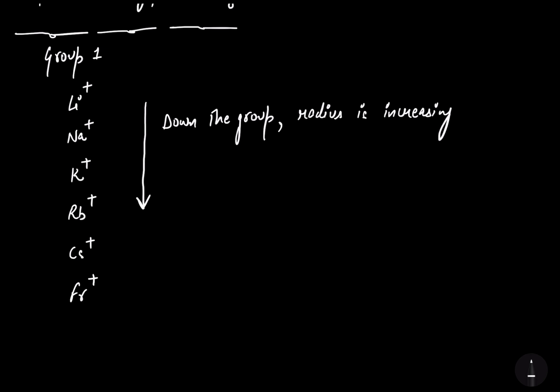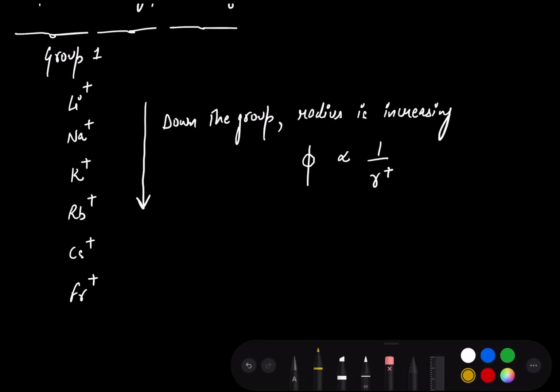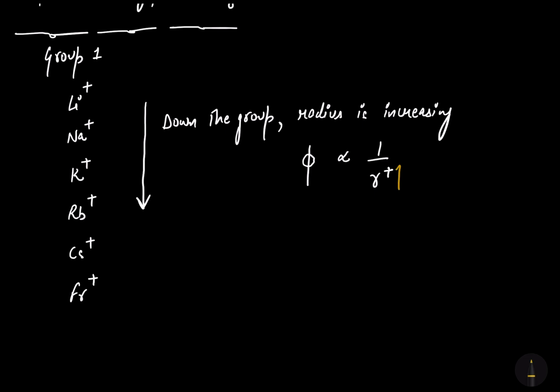As the radius increases, the charge density will decrease. Just pay attention. I have taken the charge density. The charge density is inversely proportional to the radius of cation in this case. As I said, the group number 1 is of cations. Now down the group, the radius of cation increases. So due to which down the group, charge density will decrease.